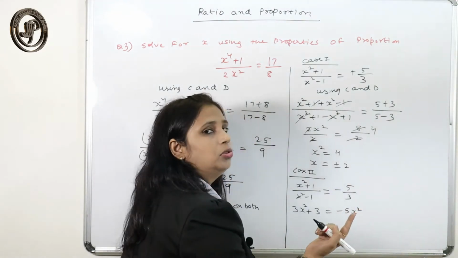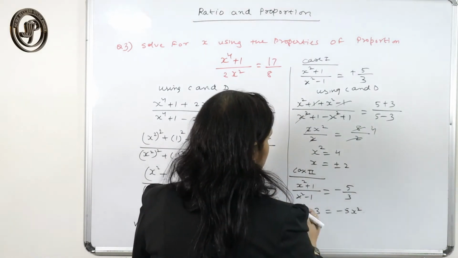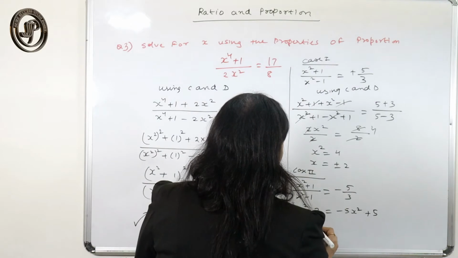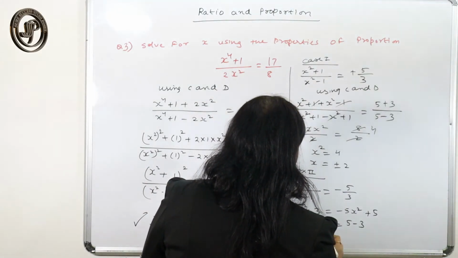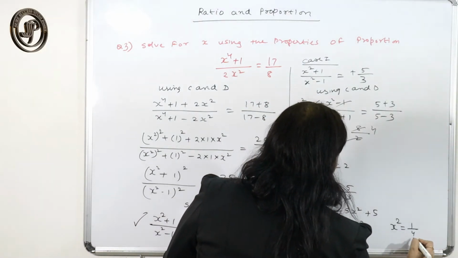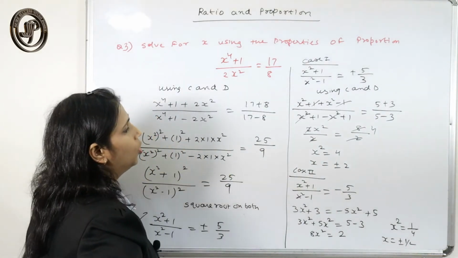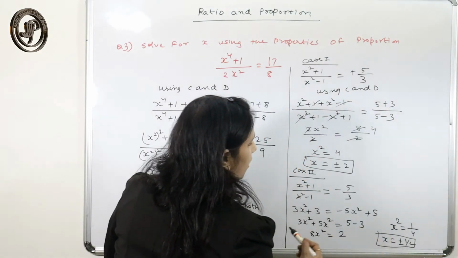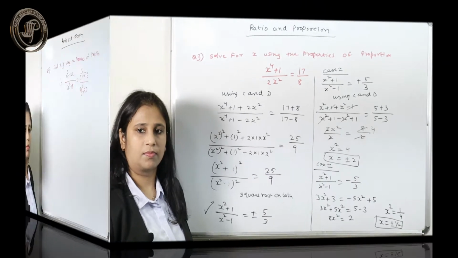At this stage also you can use C and D. So this becomes 5 minus 3, 8x square is equal to 2. So x square is equal to 1 by 4. So x will be plus minus 1 by 2. So x will be plus minus 2 or plus minus 1 by 2. So these are the answers.